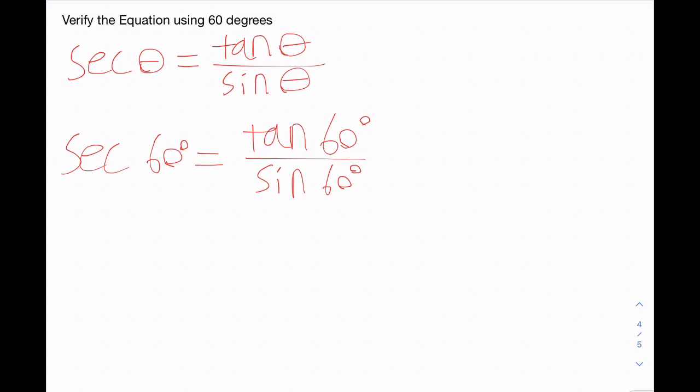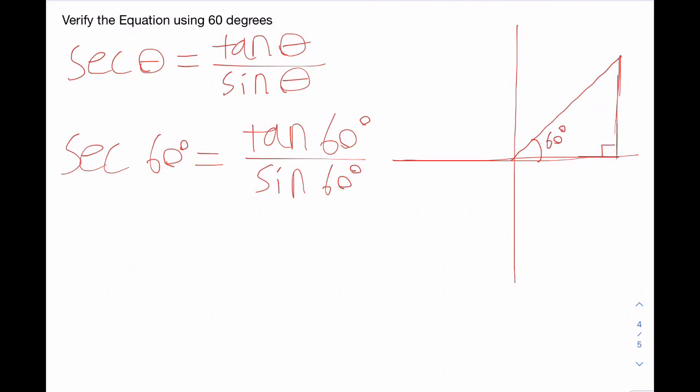Now we should draw 60 degrees in the Cartesian plane. So we draw a line like that, and this should be about 60 degrees. And if we come down like that, this will be the right angle. And since this is 60 degrees, this other angle will be 30 degrees.